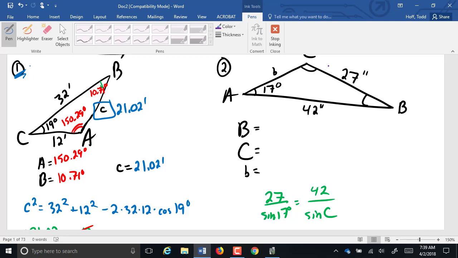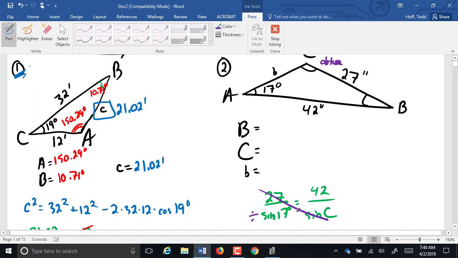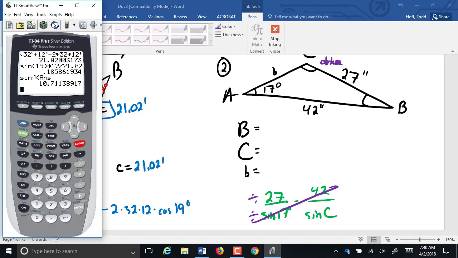I made it beyond question that it's bigger than the right angle. So C is obtuse. So we're going to cross multiply and divide. 27 times, oops, I crossed multiplied the wrong way. Yeah, sine of 17 times 42 divided by 27 is 0.4548.